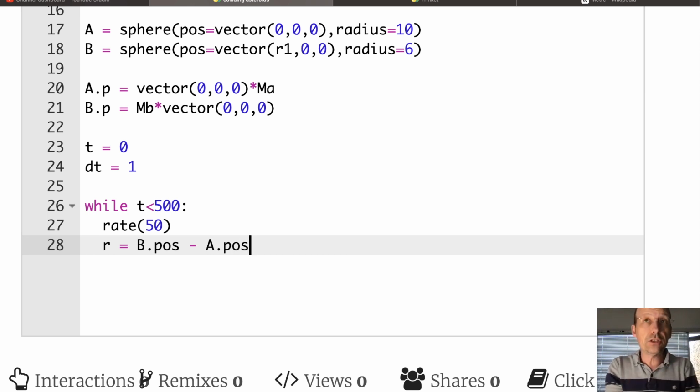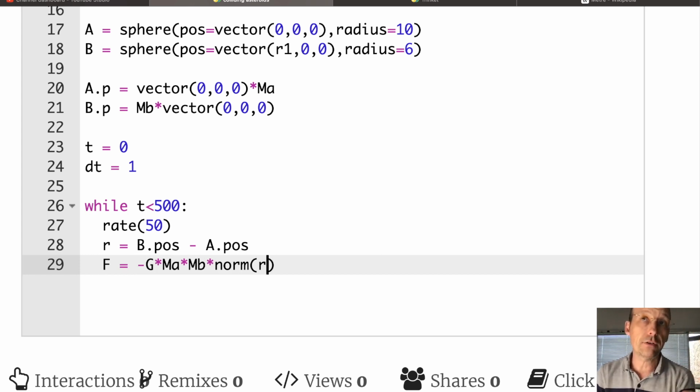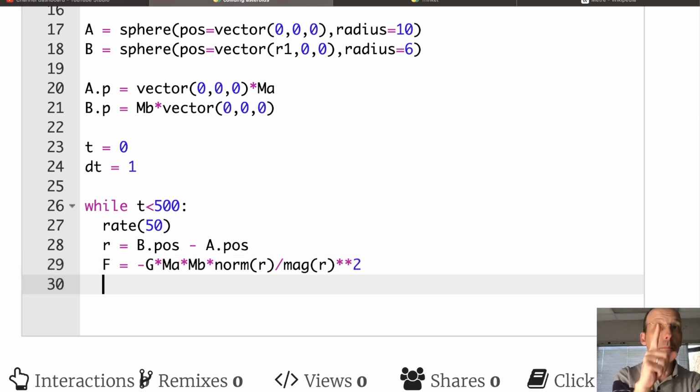So B.POS is the vector position of object B. Now I can calculate the force, negative G times MA times MB times norm R. That's the unit vector in the direction of R. It's a built-in function. Divided by mag R, again a built-in function that returns the magnitude of the vector, squared. So that's my force on B.